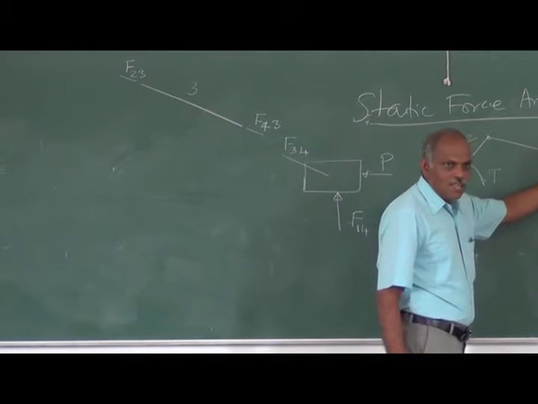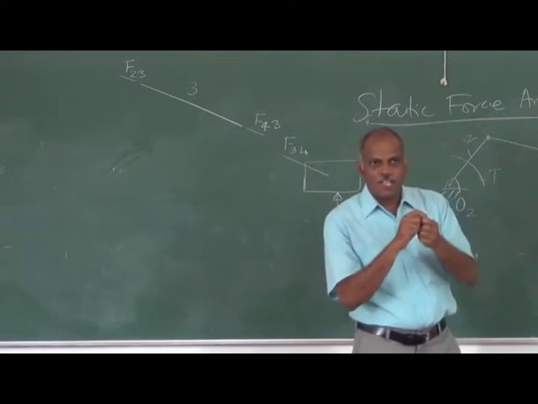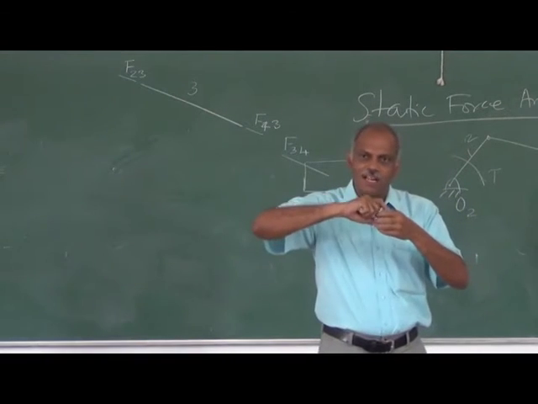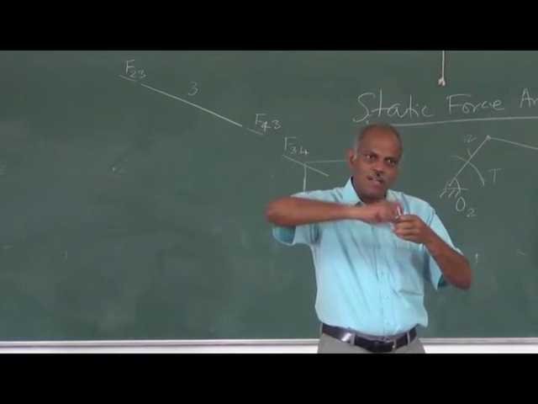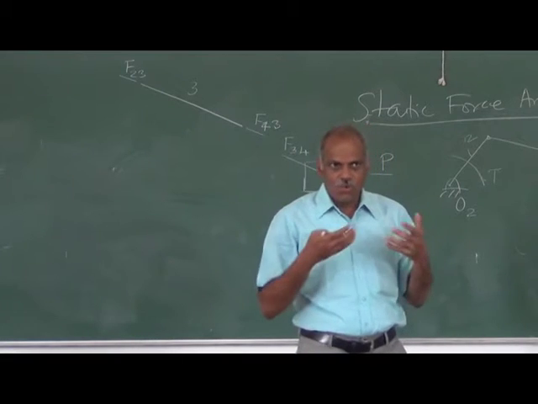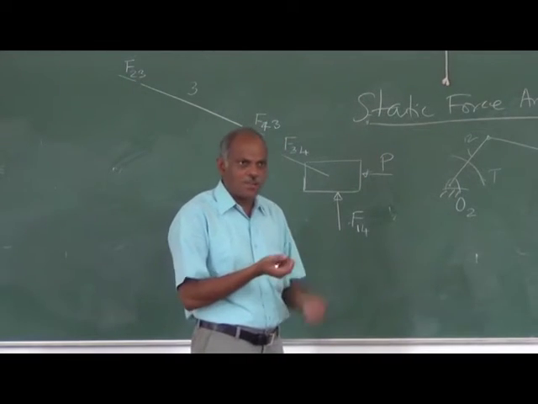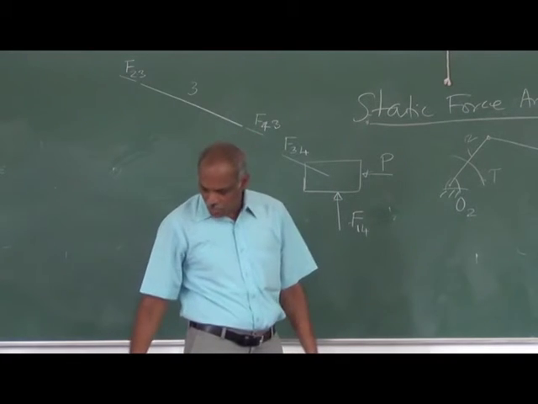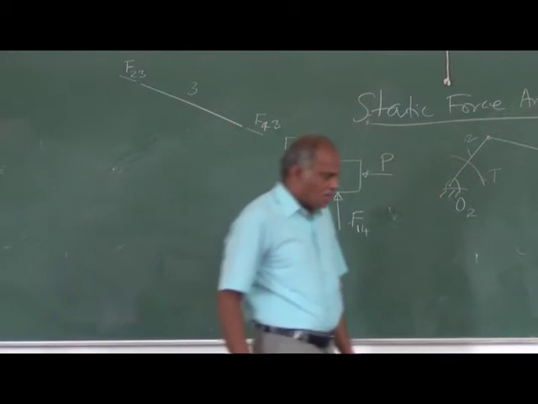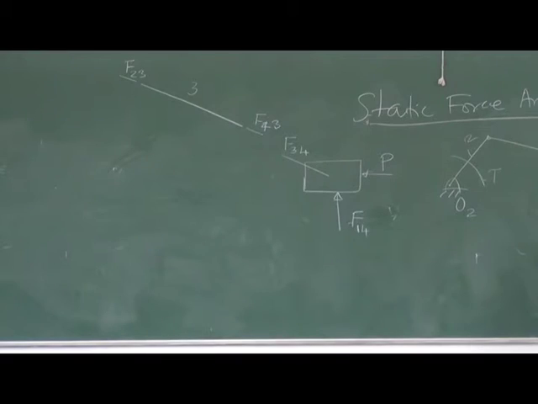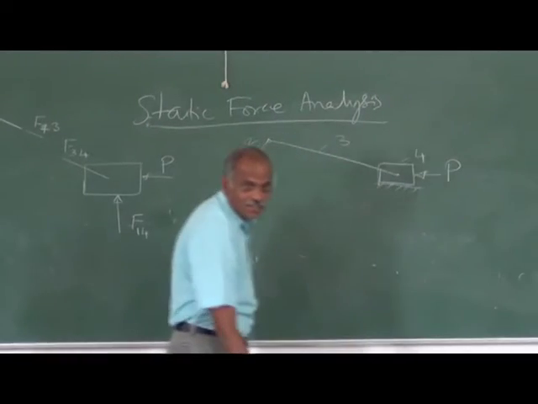See, when there is a connection between the piston and this, it can transmit force and a moment. When two parts are joined together, there is a possibility to transmit force and a moment. How? For example, I say this is the chair.